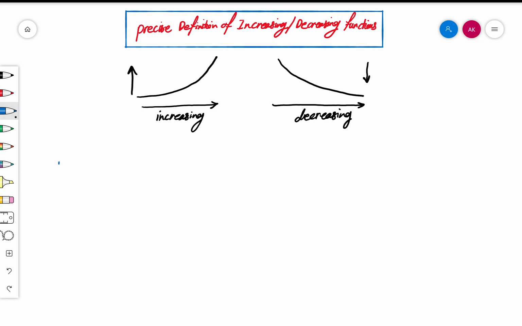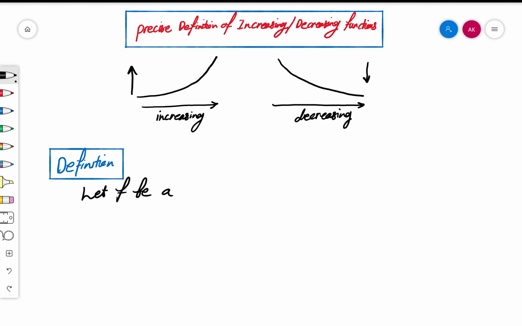So let me just then start writing the definition. We'll start with a function. Let f be a function defined on an interval.